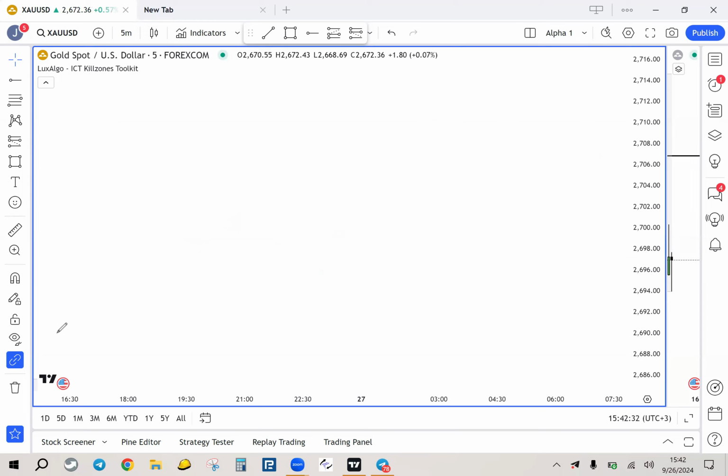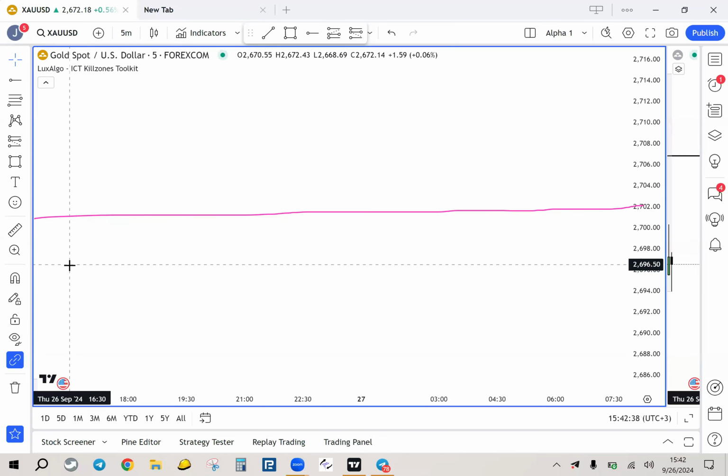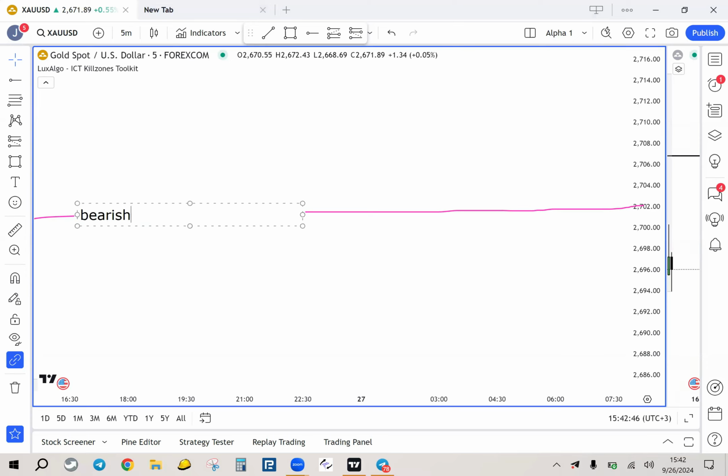Now, then there's a third type of divergence. Actually, it's not a third type, but it's a second type of continuation divergence. Okay, again, bearish continuation divergence. So how is this going to happen?